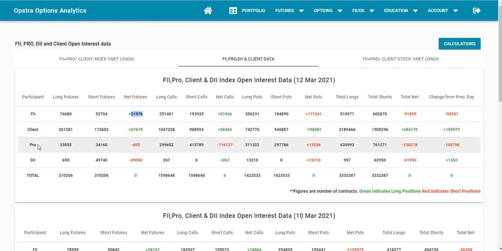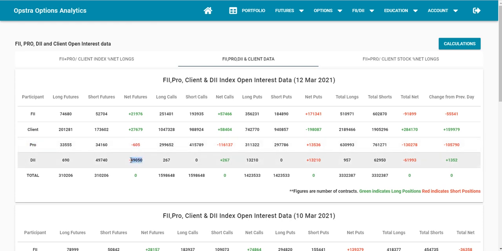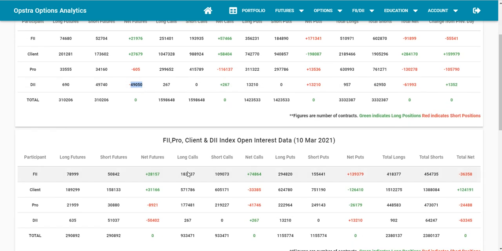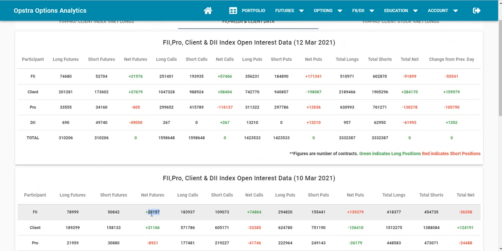And similarly, for the Pro, the proprietary traders, they are holding this much short side contract, and DII this much net short side contract. And if you compare with the previous day, net long has come down from 28k to 22k.